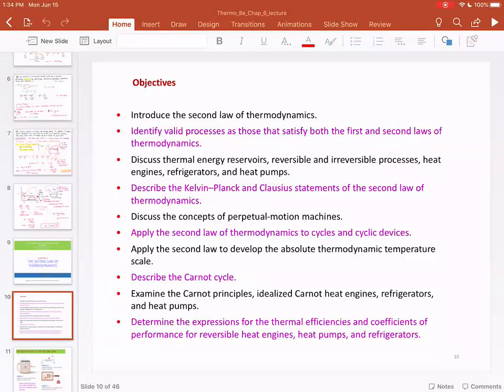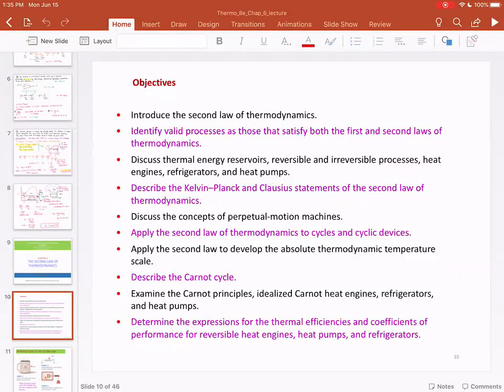You will have to spend energy. And these two statements are equivalent. And we talked about this equivalence or similarity of these two statements earlier.